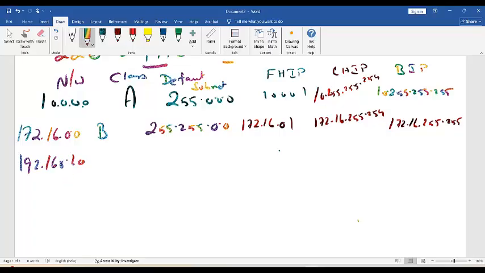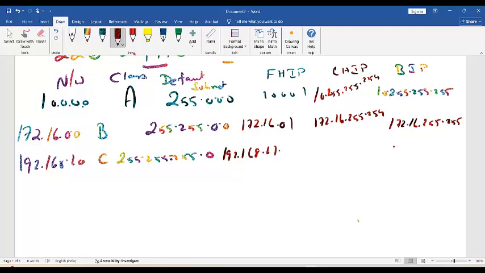192.168.1.0. What class is it? Class C. Right. What is the mask? 255.255.255.0. Right. What will be the first IP of this network? 192.168.1.1.